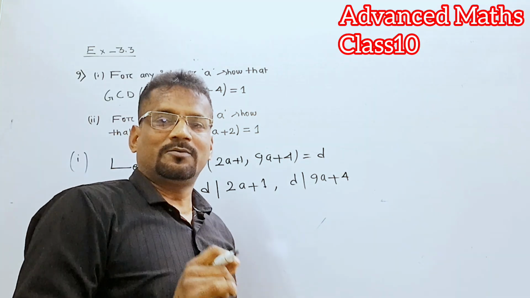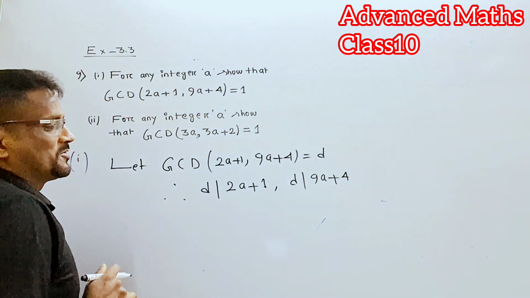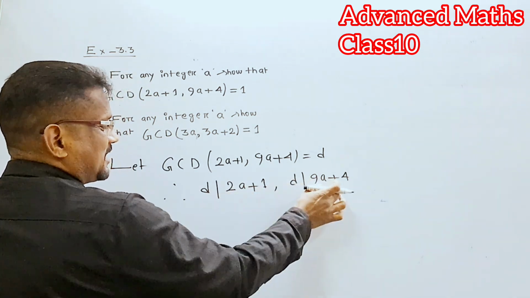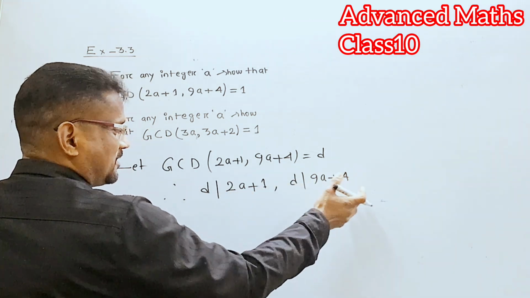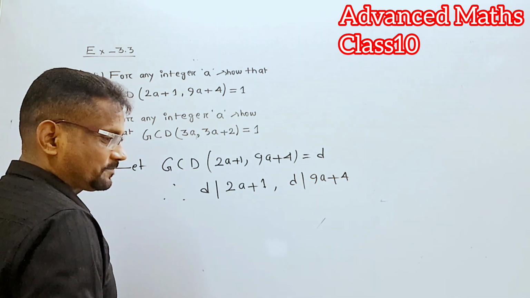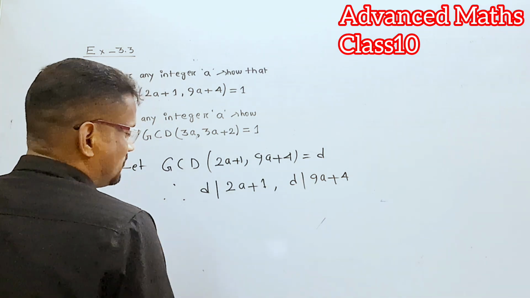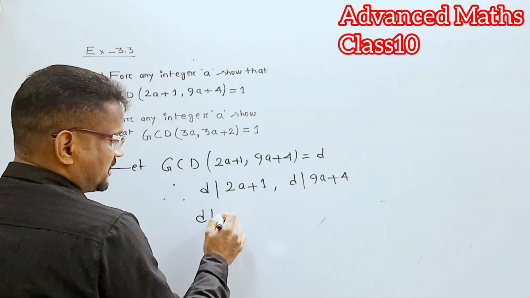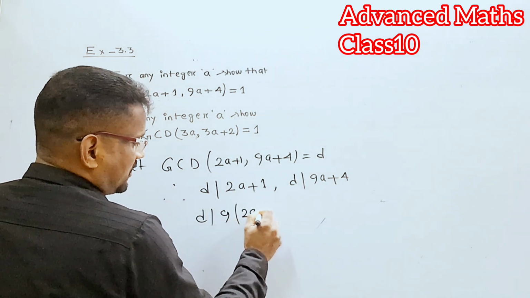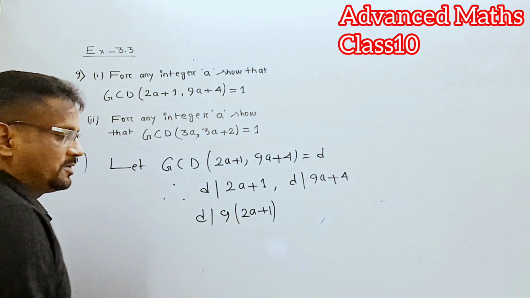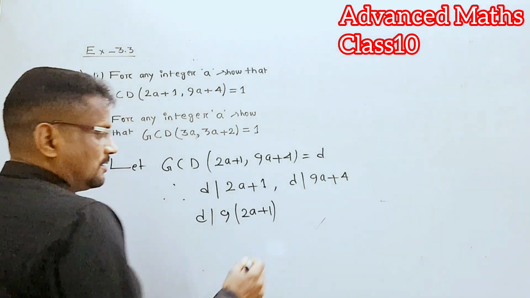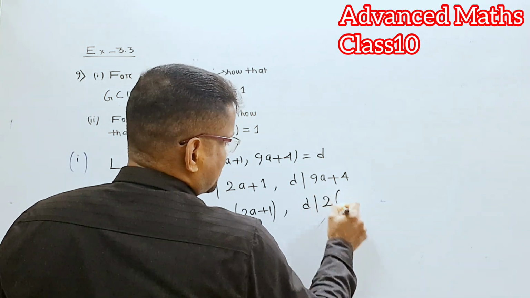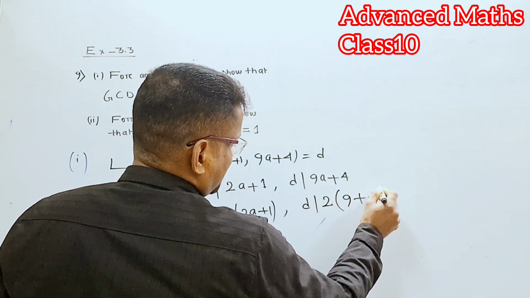Now, we are going to use one concept: the sum of these two, the difference of these two, or any multiple of this as well as multiple of that, is also divisible by D. Now, if I take a multiple, 9 times 2a + 1, it's also divisible by D. Then D also divides twice of 9a + 4.